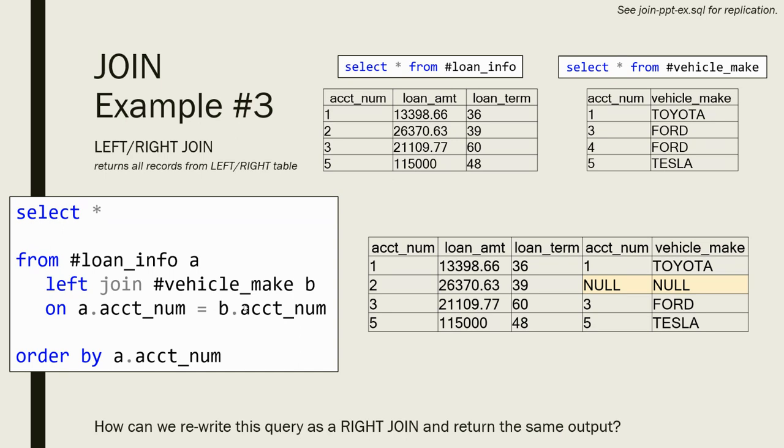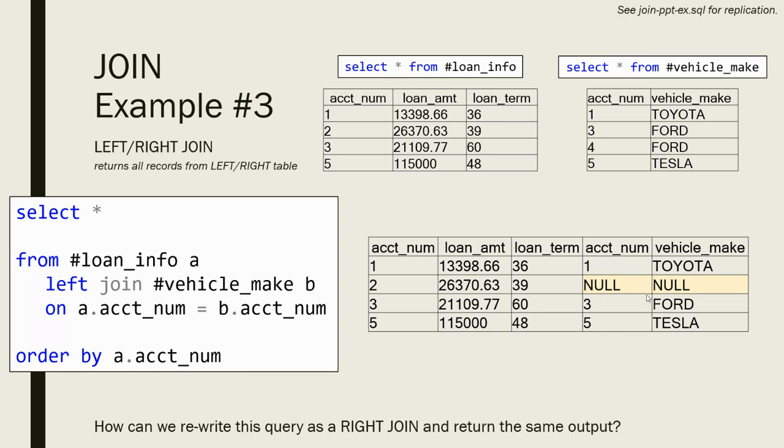So on a left join, we're going to see all records returned from the left table. And so we see those 4 records supplied here, regardless of whether there's a match in the right table. Where there is a match found in the right table, the values will be supplied. So for account numbers 1, 3, and 5, the value will be supplied.